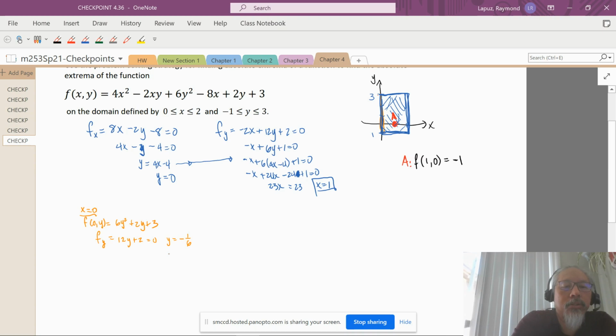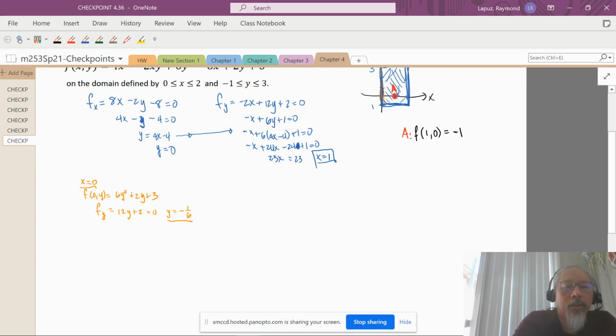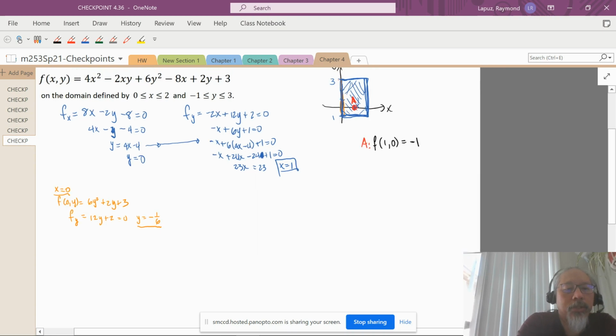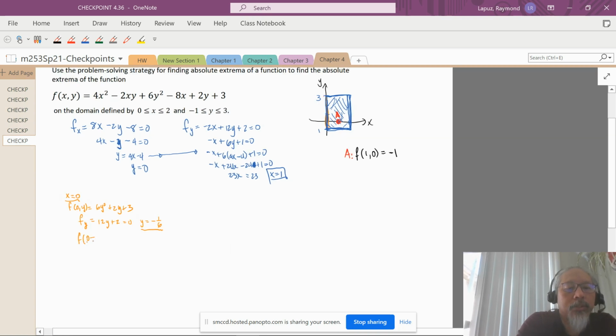So x is equal to 0, y is equal to negative 1/6. And let's figure out what the z value would be, by putting negative 1/6 in for y in the original function we're looking at.